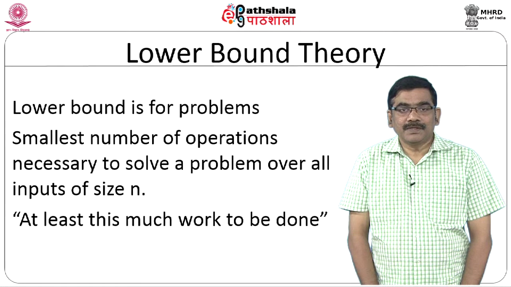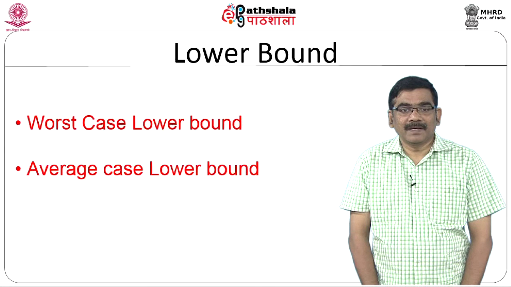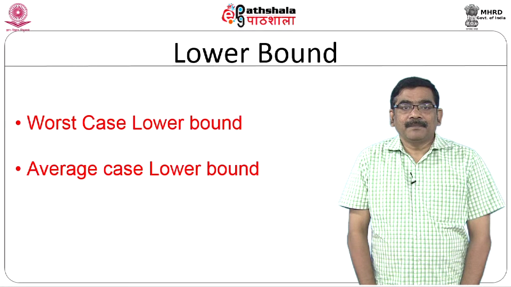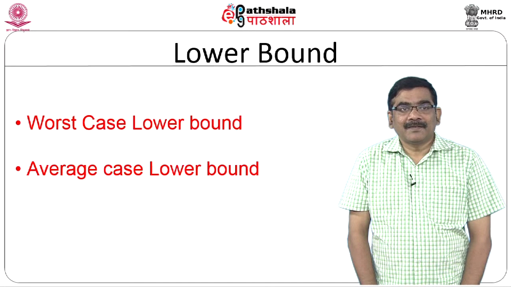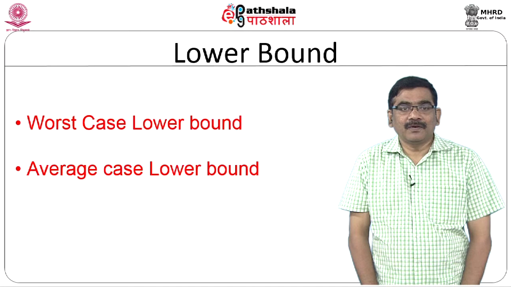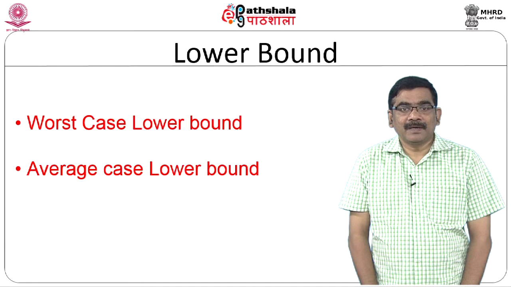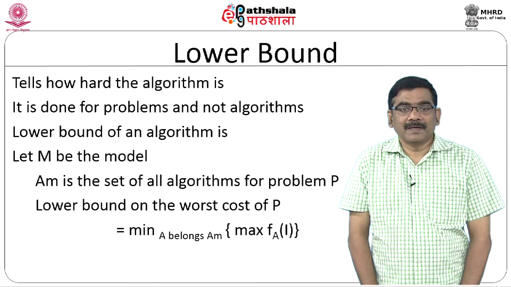At most informally refers to upper bound, at least refers to the lower bound of the given problem. Lower bound can be done for both worst case as well as average case. In other words, the lower bound can be of two types. One is called the worst case lower bound and another is called the average case lower bound.